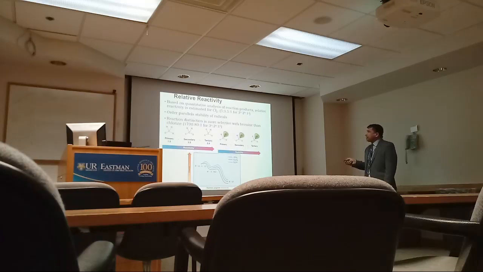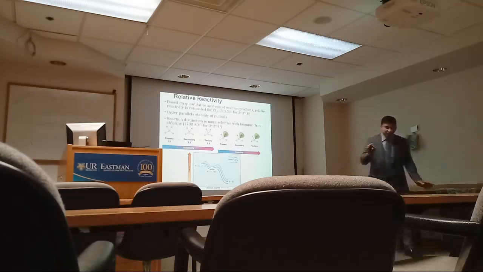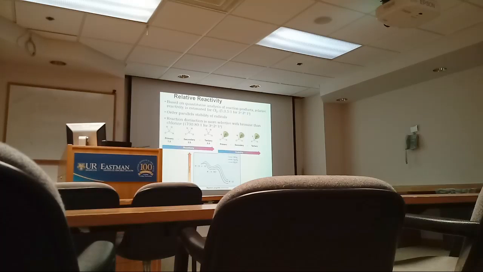So basically, this is what we call relative reactivity. These are 2 different things. First of all, tertiary carbon is more reactive than primary carbon, but a chlorine sitting on the tertiary carbon is more stable than on the secondary, and that is more stable than on the primary.